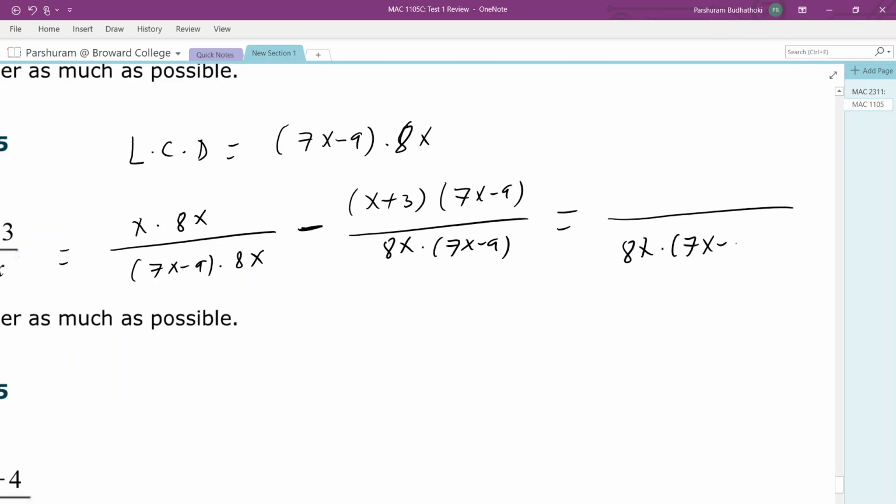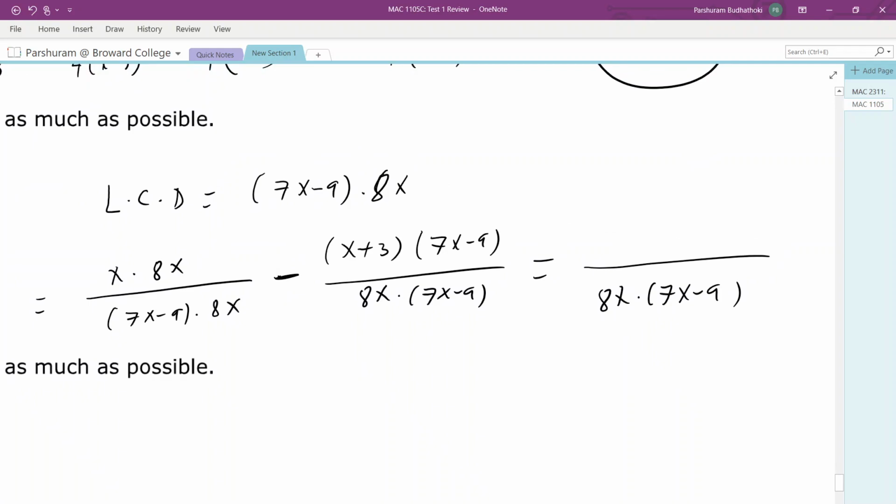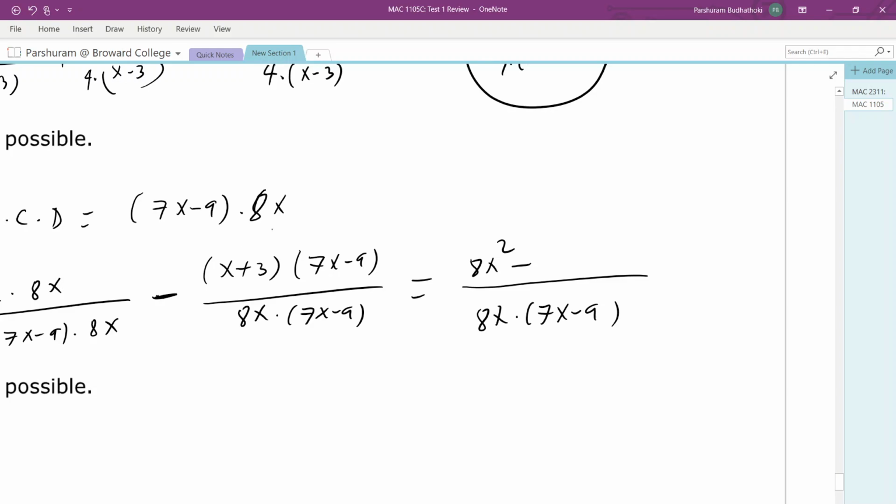By doing that, we're going to get the same denominator, as you can see here, 8x times 7x minus 9. Now we just have to copy whatever we have on the top part, which is 8x times 8x is 8x squared. Then x plus 3 times 7x minus 9, we can just distribute them like this. So it will give us 7x squared minus 9x plus 21x minus 27.